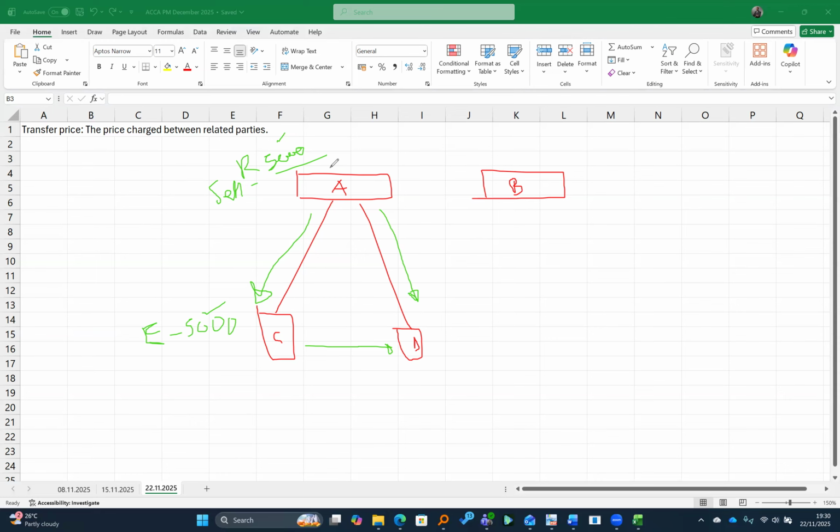All of those cancel out when you are dealing with the group. The only thing that matters is how much has been sold externally. So here, this is the only thing that matters for the group. Now, that's for a group perspective.